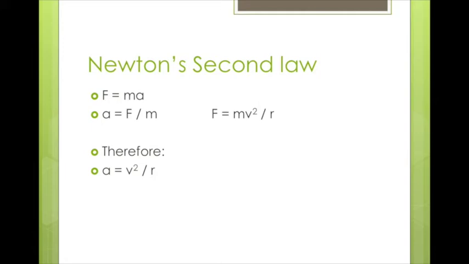But the force acting on this object is already defined, that F equals mv squared over r. So when we substitute this value into Newton's second law, we can simply get that acceleration equals velocity squared divided by the radius, which is very useful when dealing with questions about circular motion.